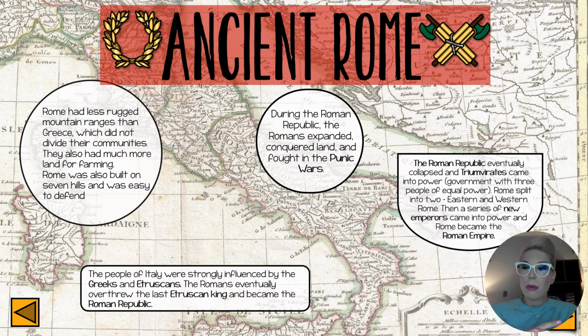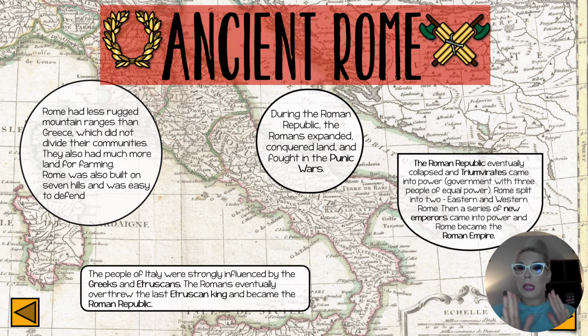During the Roman Republic, the Romans expanded, conquered land, and fought in the Punic Wars. The Roman Republic eventually collapsed, and triumvirates came into power. So government with 3 people of equal power.